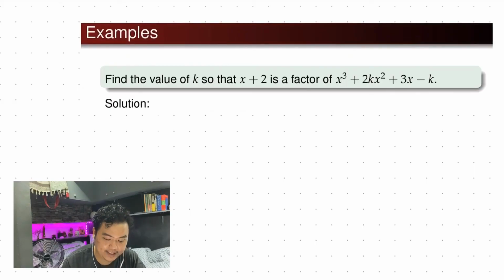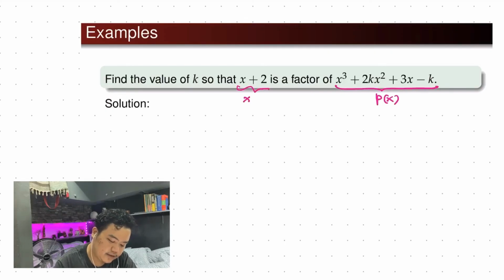Okay, so gawa pa tayo ng example ng factor theorem. Find the value of k such that x plus 2 is a factor of this polynomial. Itago natin sa pangalang p of x ito.